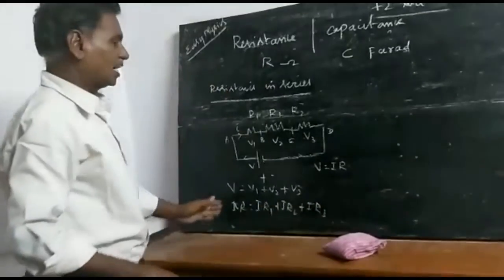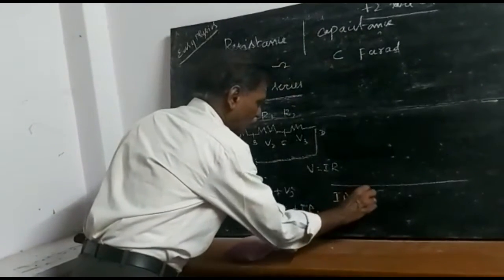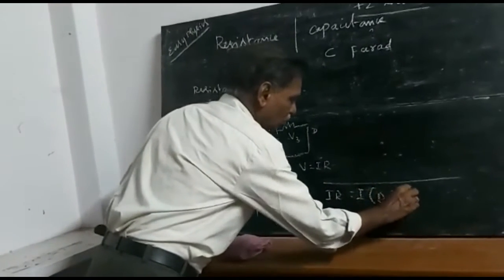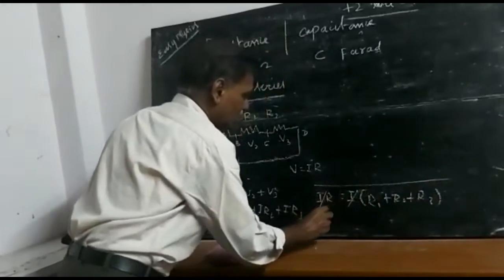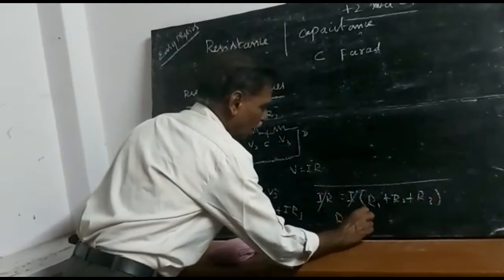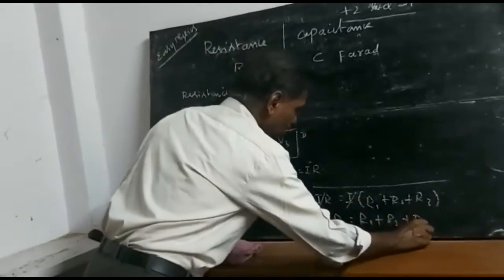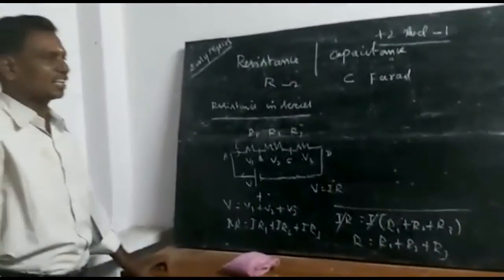Taking I outside as common, IR equals I times (R1 plus R2 plus R3). I cancels, therefore R equals R1 plus R2 plus R3. This is the net resistance when connected in series.